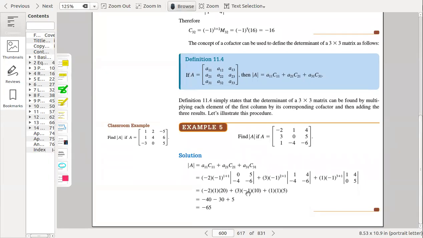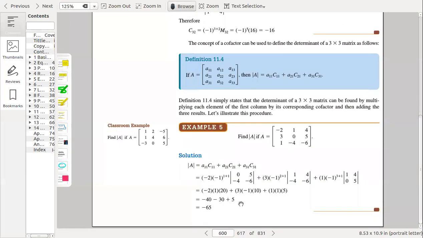Okay, then we will have 10. Similarly, this plus 1, and minus 1 power 4 is also 1. 5 into 1, 5. So this is plus 5, minus 30, minus 40, and we have the determinant of this 3 by 3 matrix is minus 65.